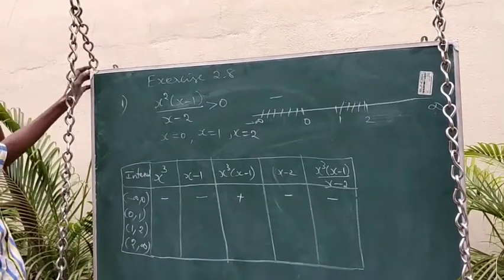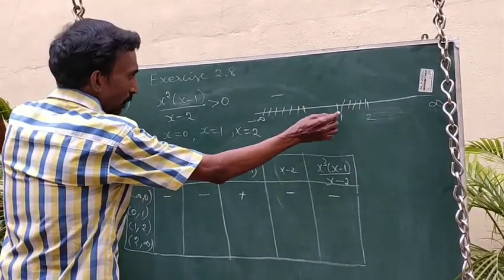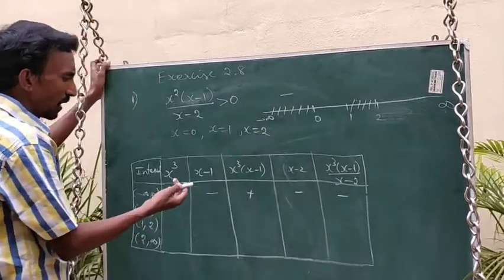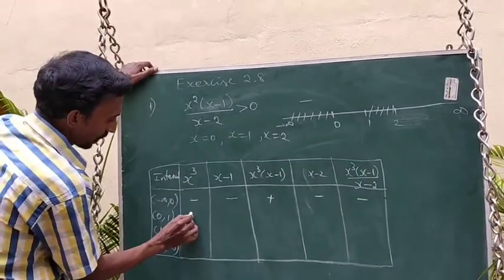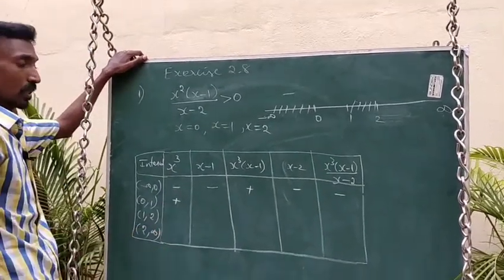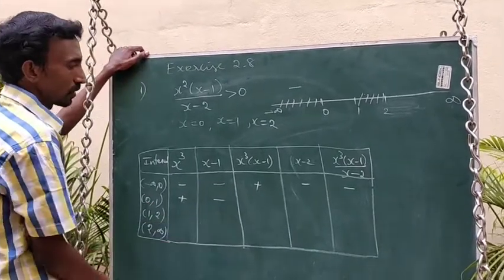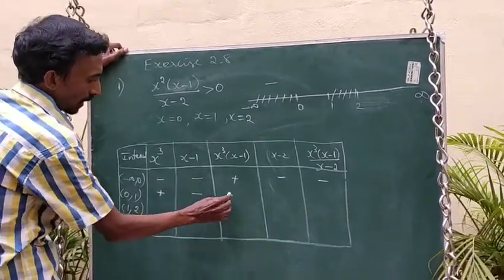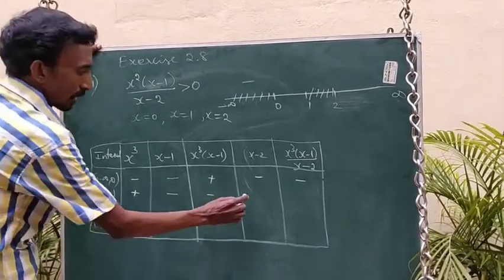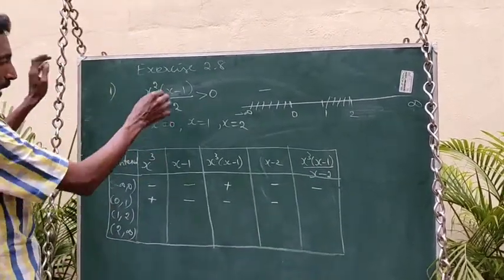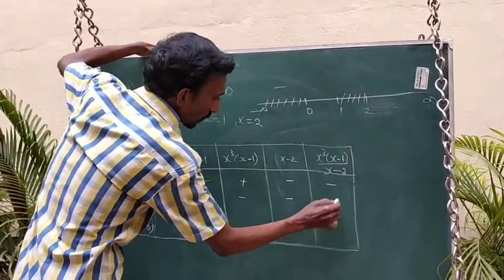Next, put any value from 0 to 1, for example 0.1. Positive into negative, negative numerator; the denominator is negative. So negative by negative, positive.